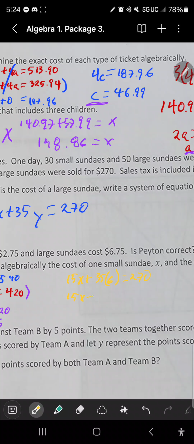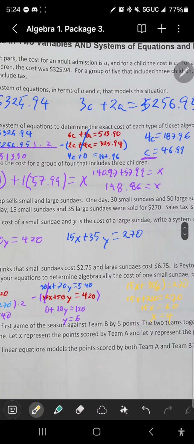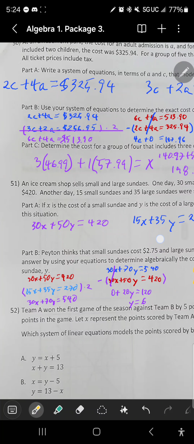So 15x plus 210 equal to 270. So 15x equal 60. And then if I divide 60 by 15, x will be equal 4. So therefore, Peyton is not correct.